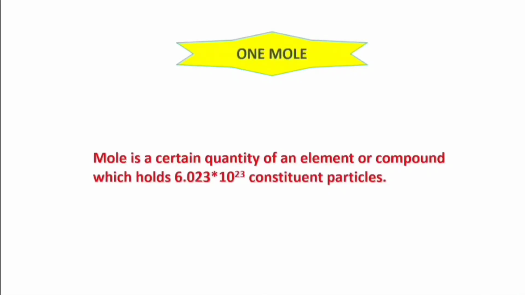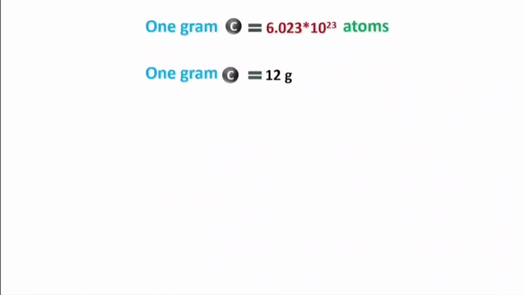1 gram atom of carbon is constituted by 6.023 × 10^23 atoms. And we know that the weight of 1 gram atom of carbon is 12 gram. So we can say that the weight of 6.023 × 10^23 carbon atoms is 12 gram.